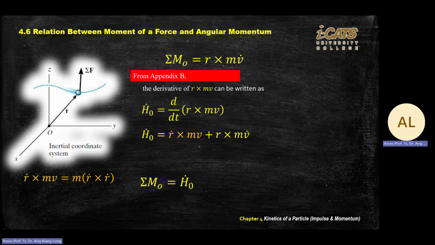You can skip these steps. It's a derivation. So you know that if you have i cross i, meaning you take the x-axis i cross i, you get 0. So this term, the front term here, is 0.